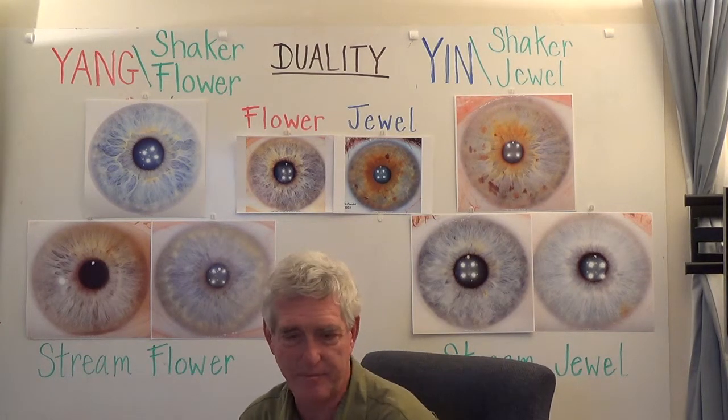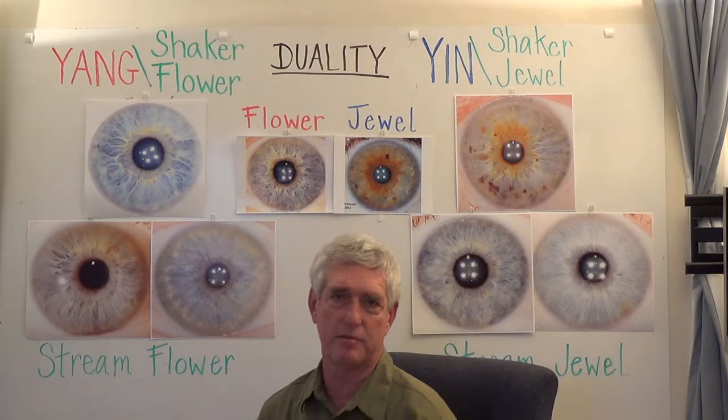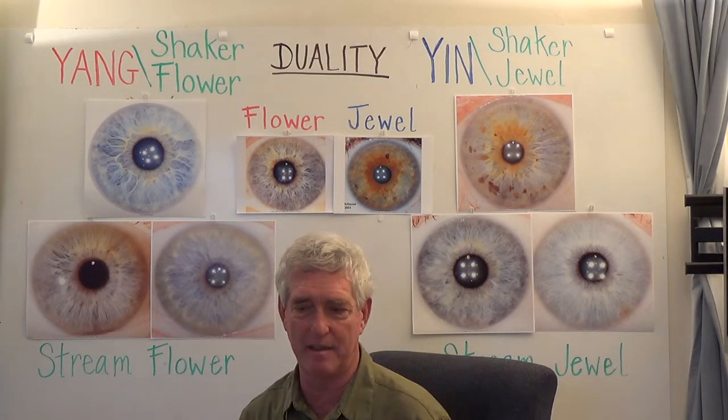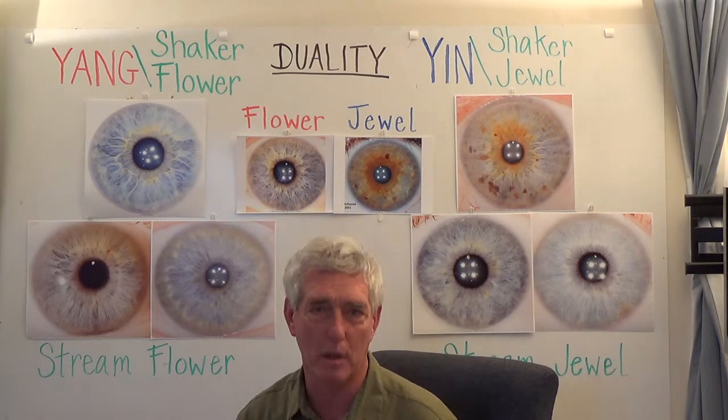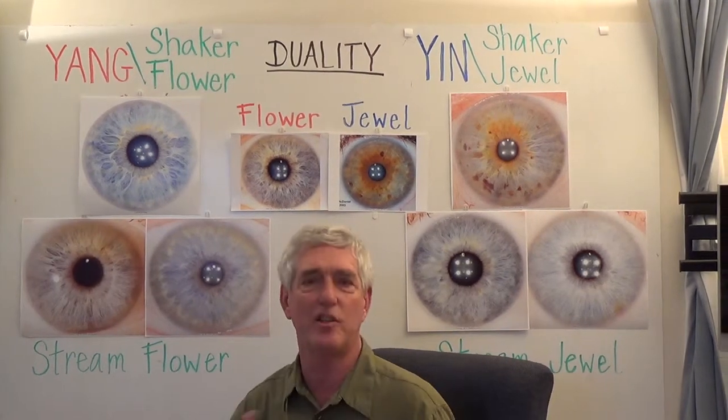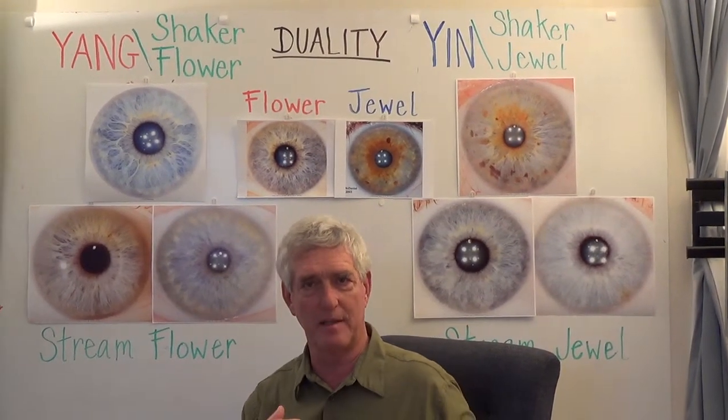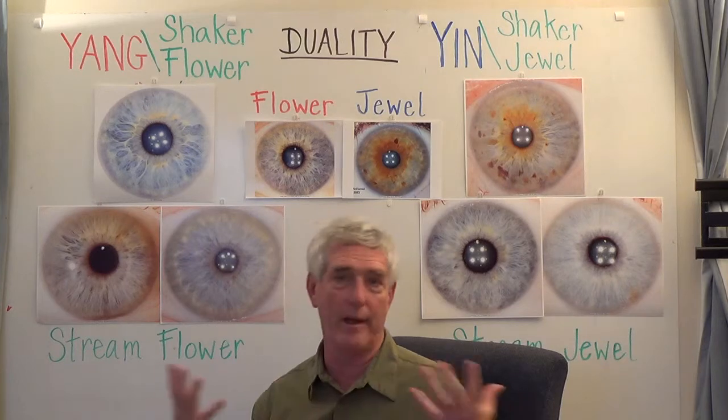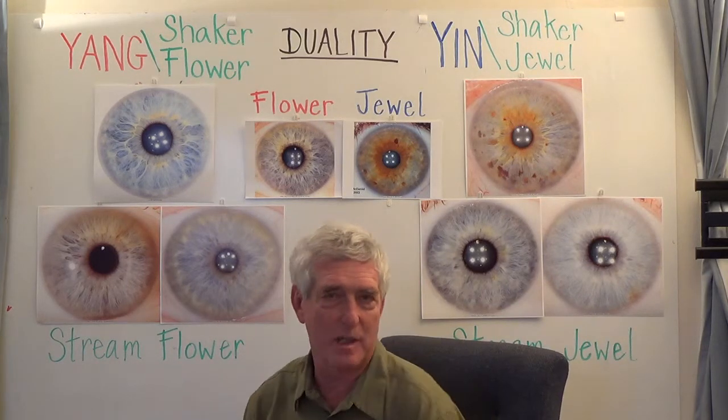Shaker, well, honestly, shaker to me means something that is dynamically mobile, something that is creating change, or something that is circulating, something rolling or rumbling or whatever you want to call it.